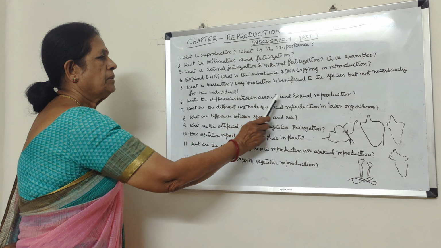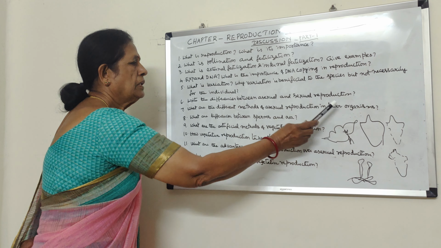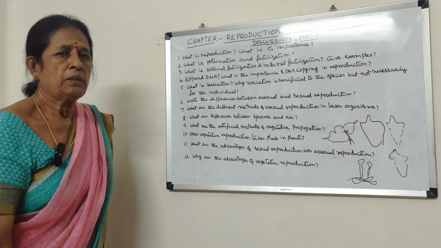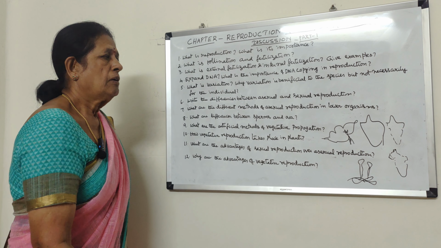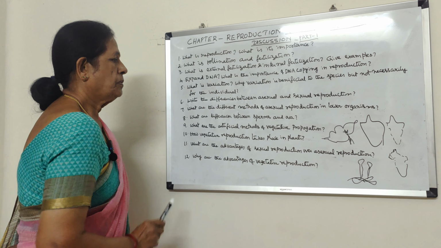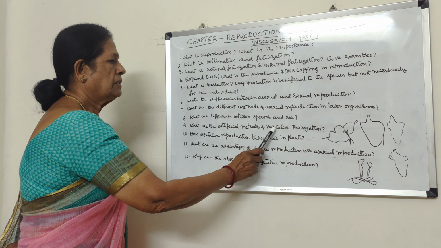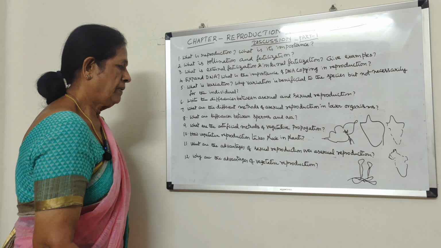Variation, differences between asexual and sexual reproduction. Different methods of asexual reproduction in lower organisms: fission, budding, regeneration, sporulation, fragmentation. These are the methods. Differences between sperms and ova. Artificial methods of vegetative propagation, that is cuttings, layerings, and grafting.